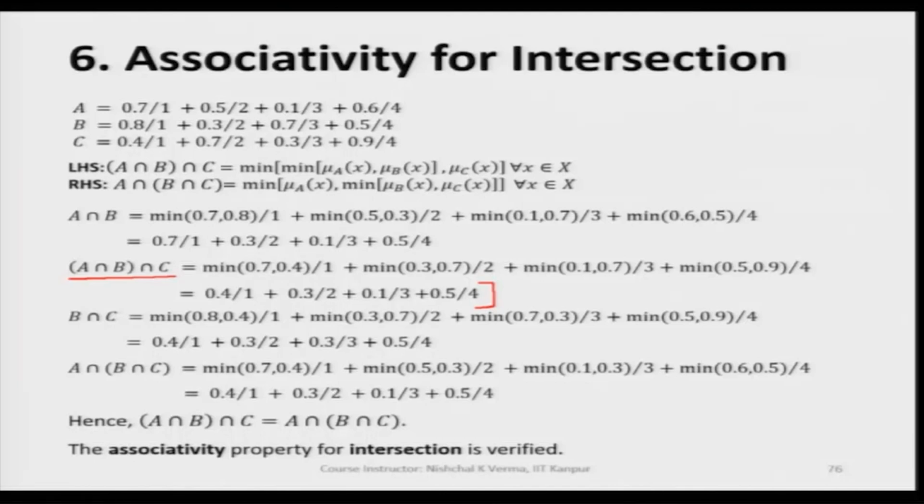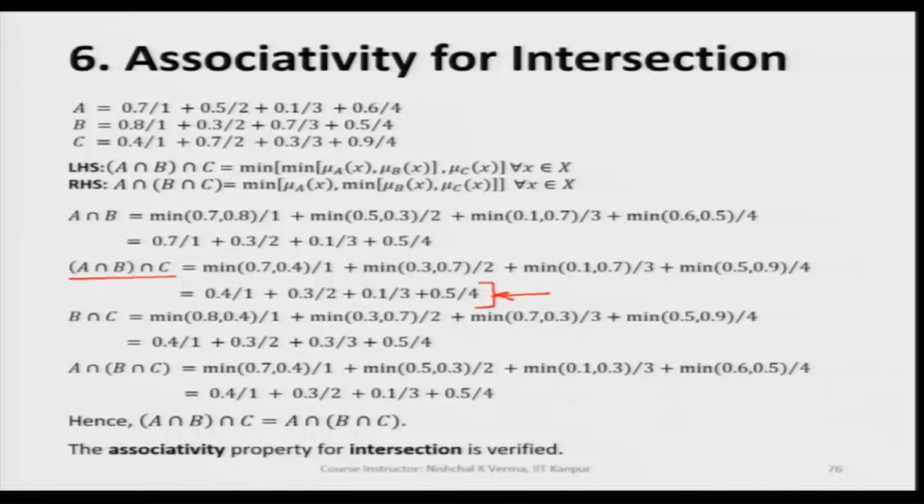So, let me repeat it. We are going to get the outcome as 0.4/1 + 0.3/2 + 0.1/3 + 0.5/4. This is the outcome that we are getting as the intersection of A intersection B and C.